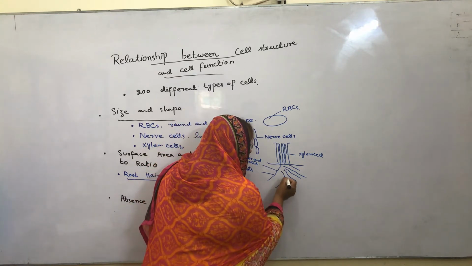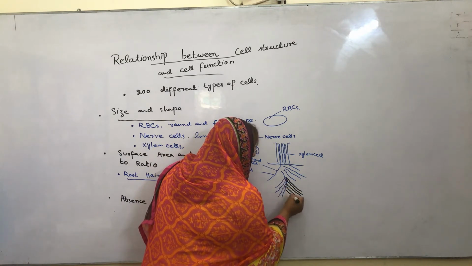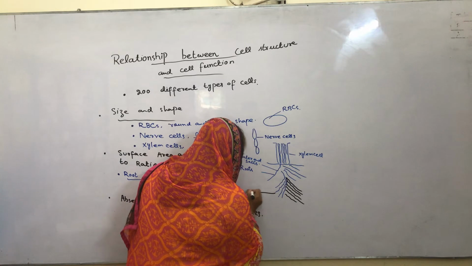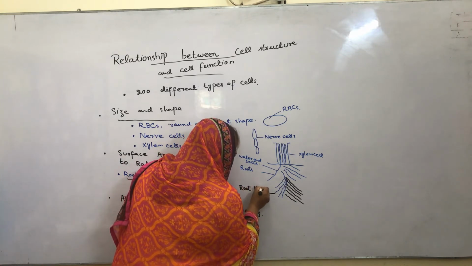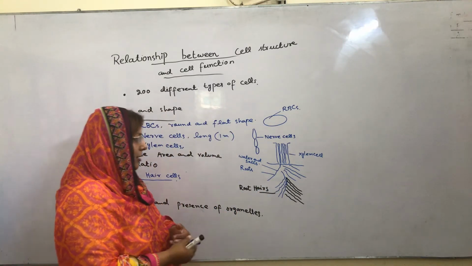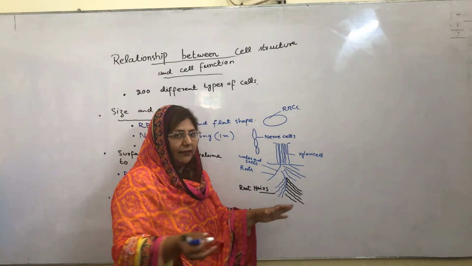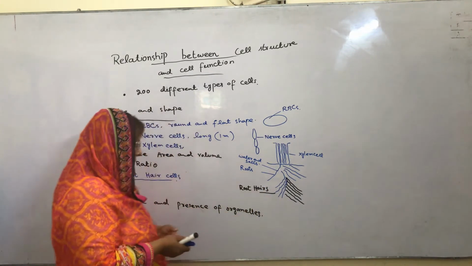So they have a large surface area under the ground, and the important function is that they can absorb more and more water for the plant.